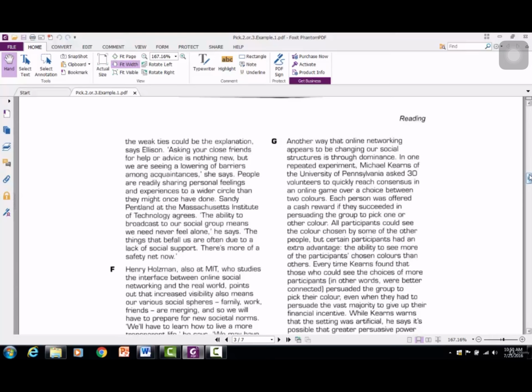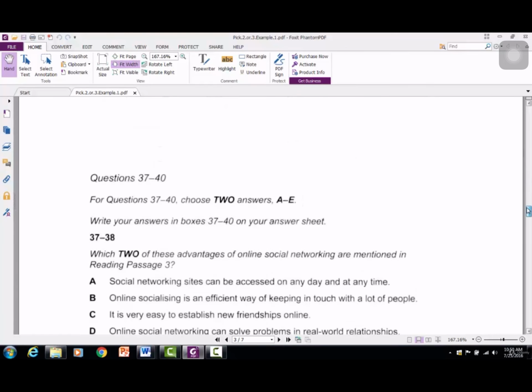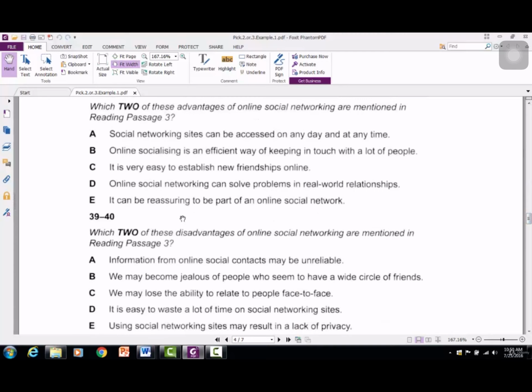So we take all that information as an advantage, and that means it can be reassuring to be part of an online social network. As I was going through the passage, I saw nothing that said it could be very easy to establish new friends online.